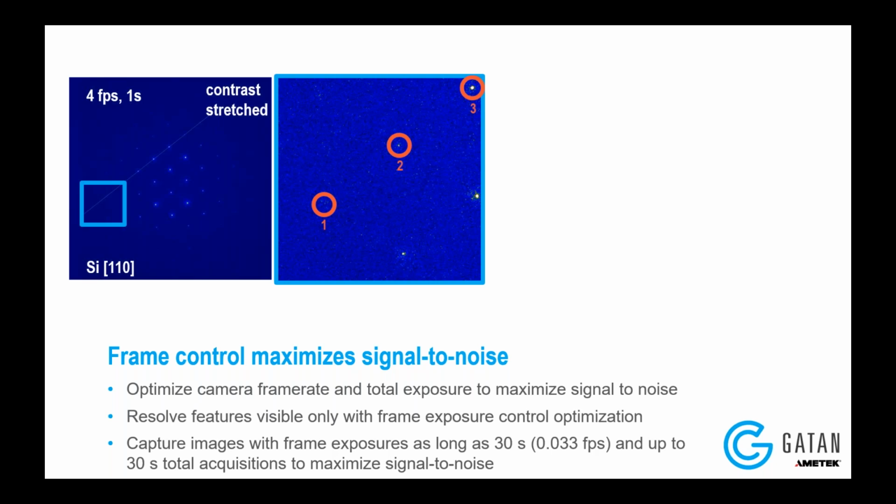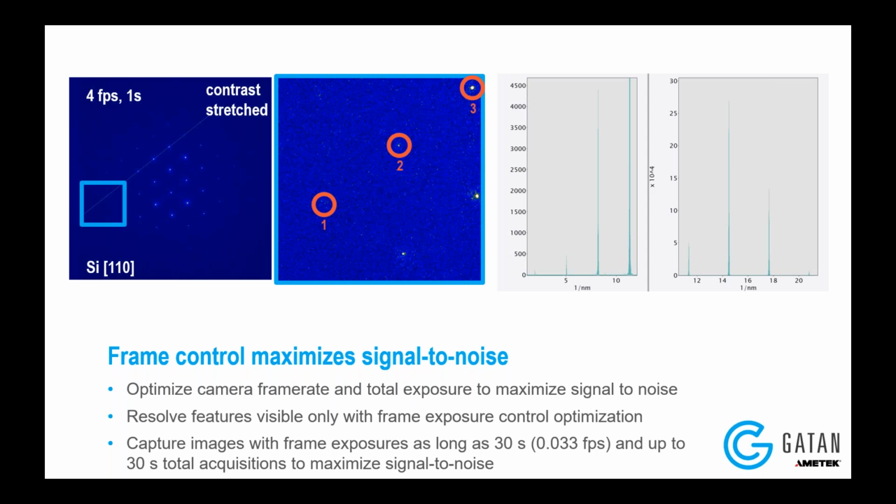If we draw a line profile across this row of spots, here's what the line profile looks like. I'm showing the intensities as one line profile, but broken into 2 different Y scales to show the range of intensities of the spots that are shown in the image.